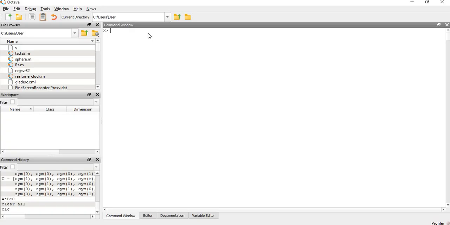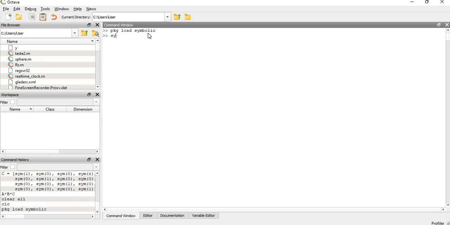So that's why we are using this package. So we have to type pkg load symbolic. Now we use the command syms and specify the parameters that we want to use generically, like theta, alpha, and now we are also using L, and right here I will use capital L, because if I type the normal l, it looks like the number 1, and also the R from radius.